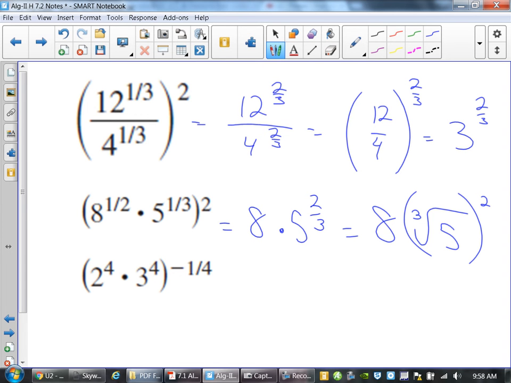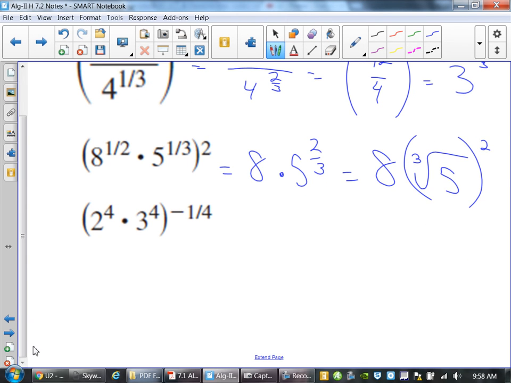And then lastly, I have 2 to the 4th power times 3 to the 4th power, all raised to the -4th. Now, if you look at this, if I distribute through, see how it's faster to distribute in this case instead of trying to multiply stuff out?